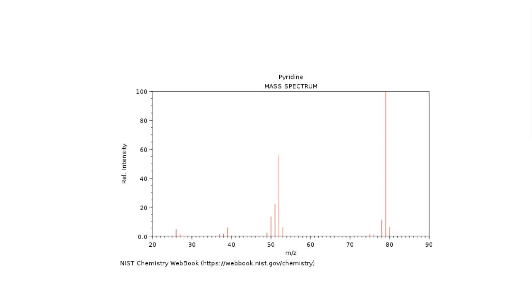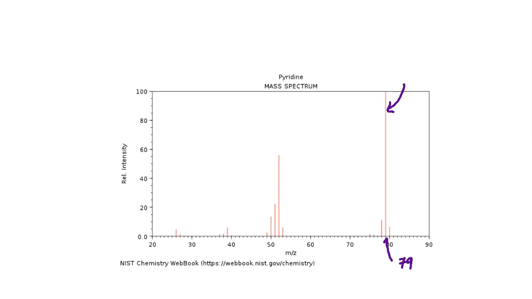Pyridine, this is the mass spec for pyridine. Before I even draw pyridine here, I can go over and look at the M plus peak, and that one happens to be this value right here. This number comes out to 79.